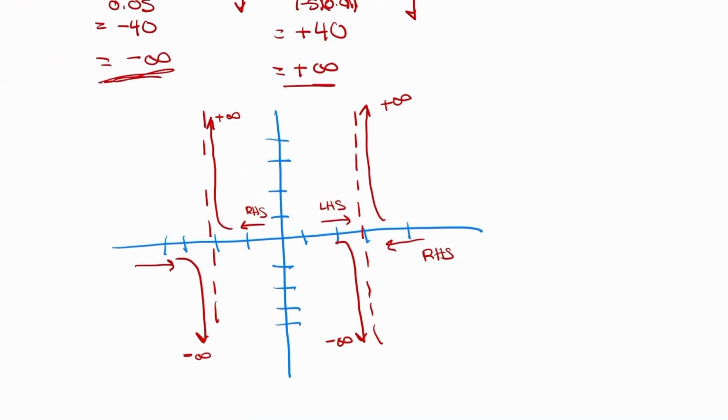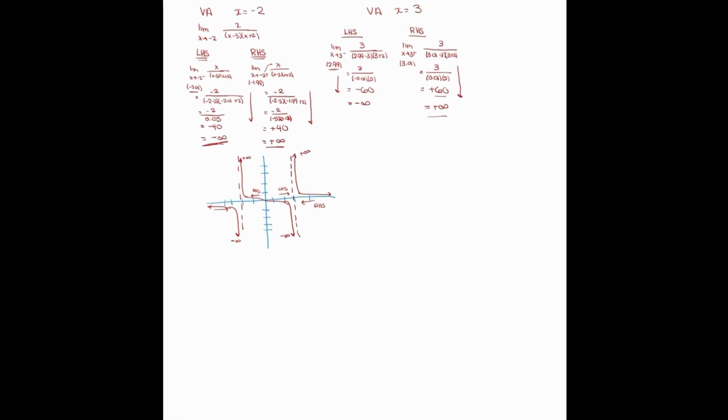So we would end up with a graph, likely something like this. Okay? Let's fill in those missing pieces. So that's how we would use limits and our vertical asymptotes to figure out the end behaviors of what these graphs look like.